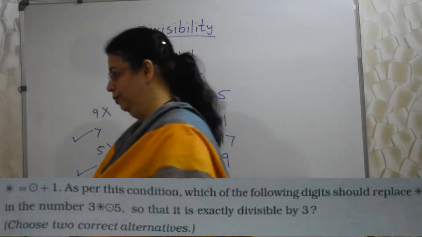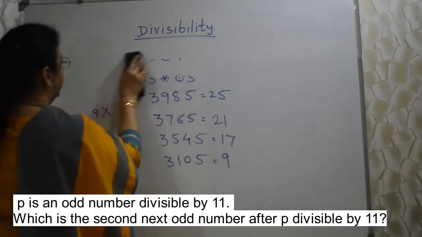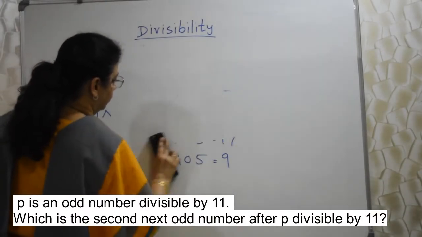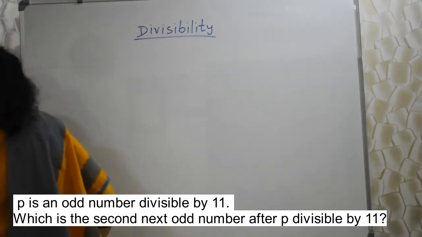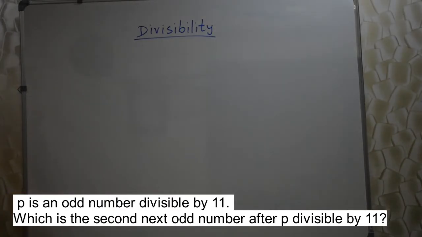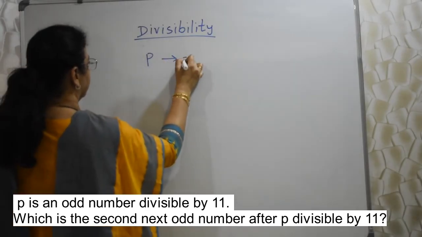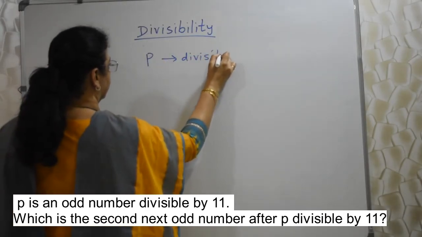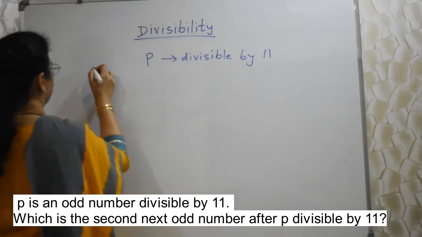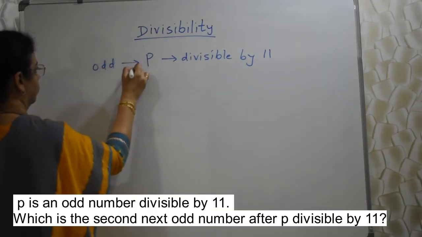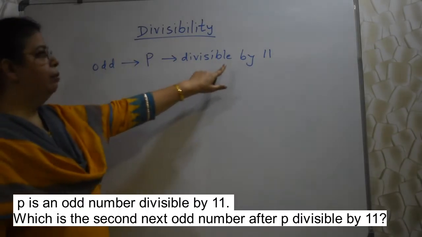Okay, let's go ahead. Sum will appear on your screen. Read it carefully, students. See, what are they saying? P is a odd number and it is divisible by 11.